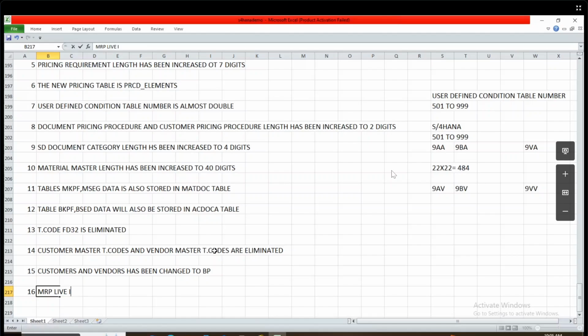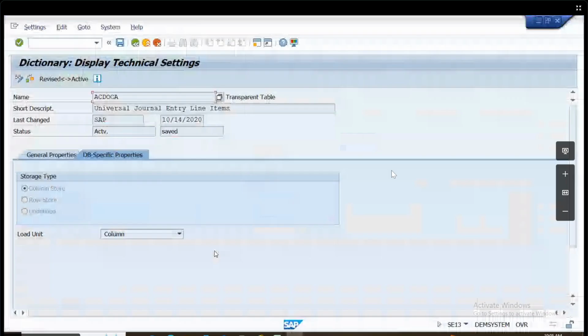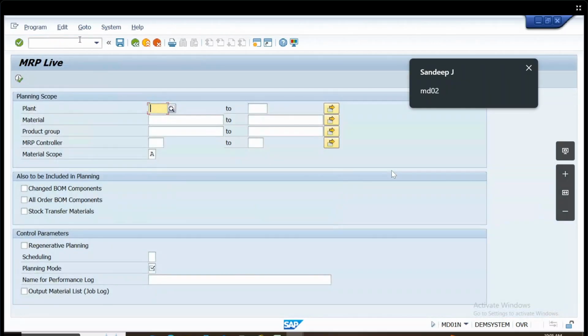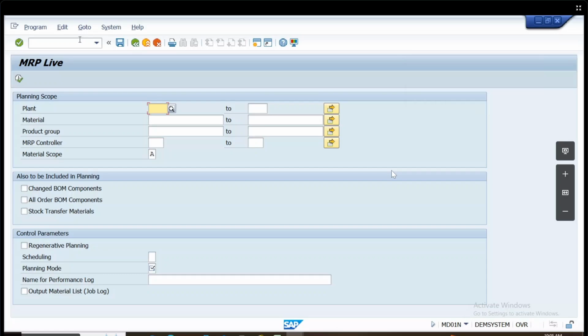MRP live is introduced. What is the T code to run MRP? Earlier it was MD01 or MD02.